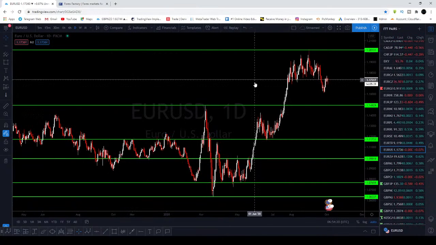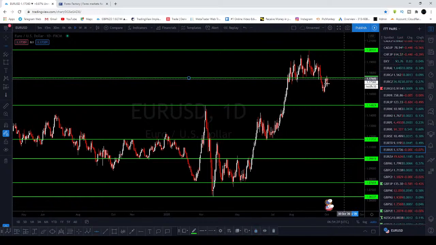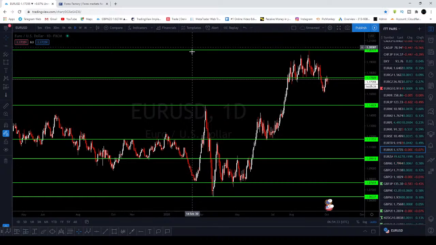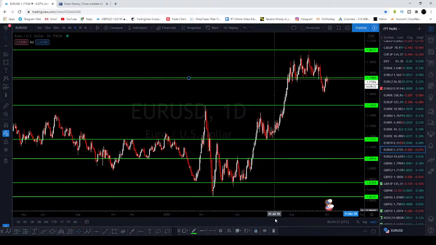Okay, cool. Seeing another one again here. Perfect. So as you can see, these are the support and resistance lines on this EURUSD daily time frame, right?